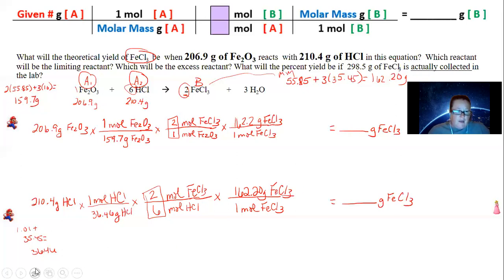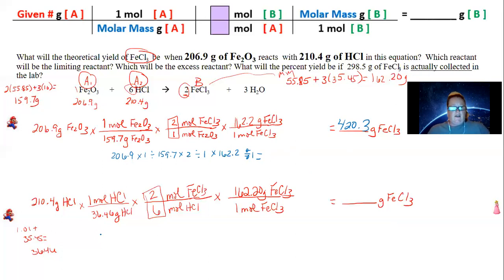So in the calculator for this one, I'm going to punch in 206.9 times 1 divided by 159.7 times 2 divided by 1 times 162.2 divided by 1 equals, and it ends up being 420.3 grams of FeCl3.